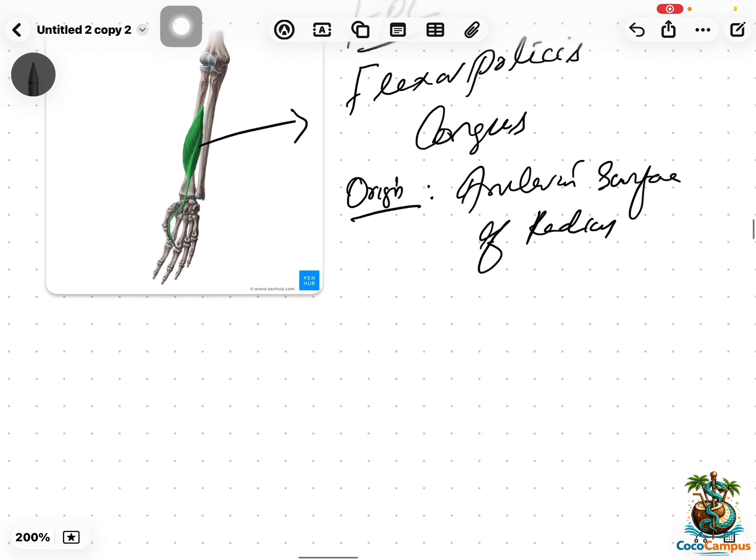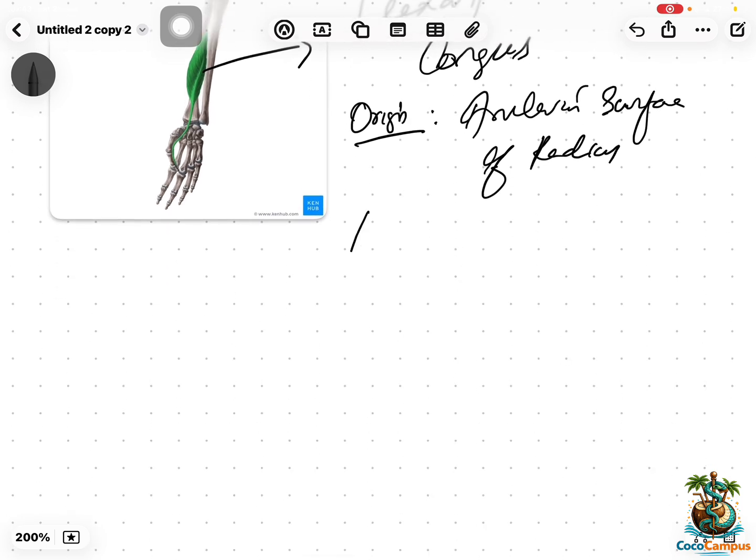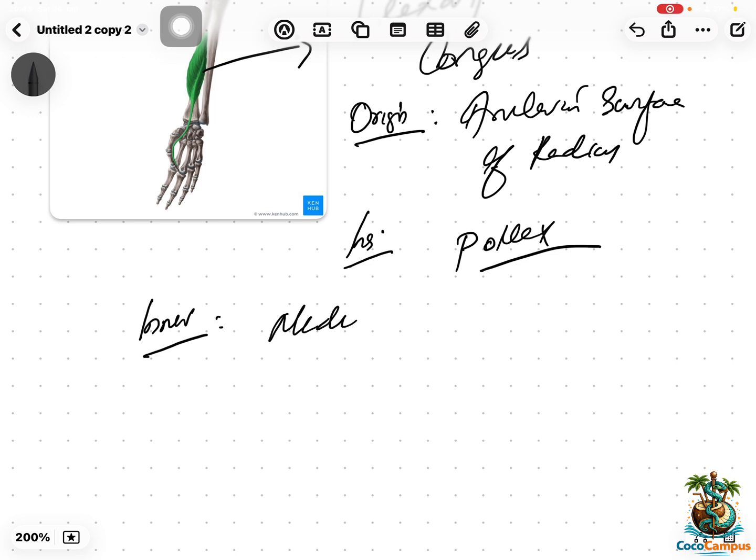Let's go towards the insertion. Base of the distal phalanx of the thumb, pollex. Alright, just remember pollex. Let us go on towards its innervation. Median nerve, anterior interosseous branch, AIB. Median nerve, AIB.